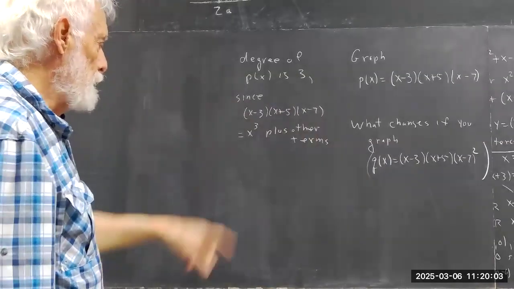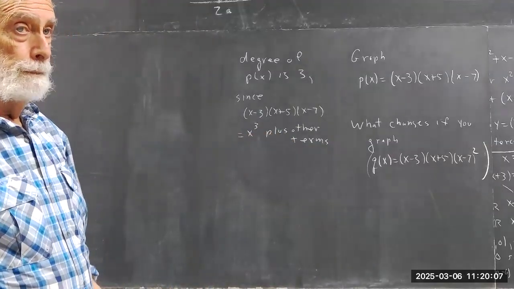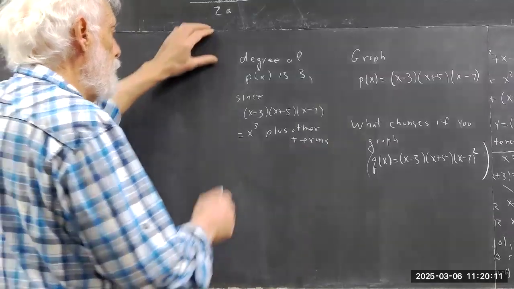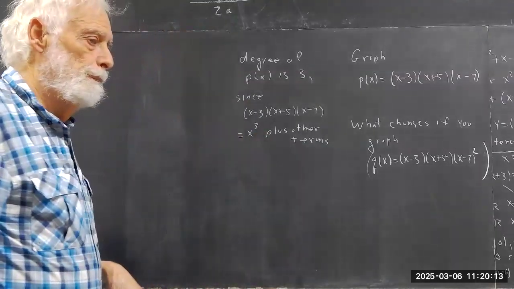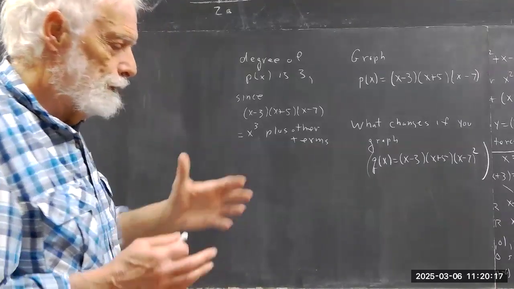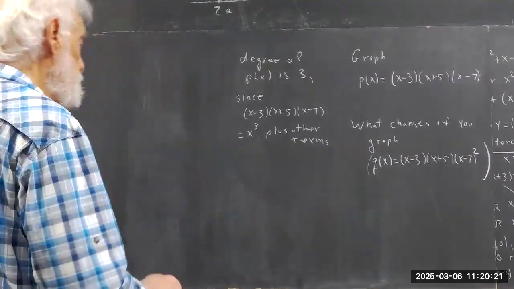Because we multiply this out, we're going to get x cubed plus a bunch of other terms. What does the degree have to do with it? Well, it tells you what the long run behavior is. Okay, so long run.